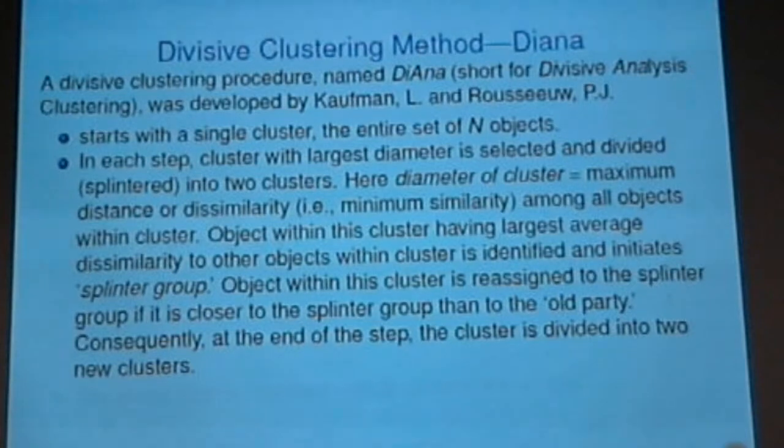The diameter of a cluster is basically the maximum distance, or dissimilarity, among all objects within the cluster. Then you find the object within this cluster having the largest average dissimilarity.